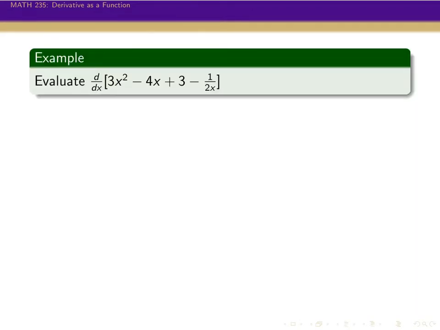Okay, so let's close this out with one example. We've got a bunch of things added together, and then we're taking the derivative of it. From the derivative rules we saw before, we can just break this up and take the derivative of each of these individually.